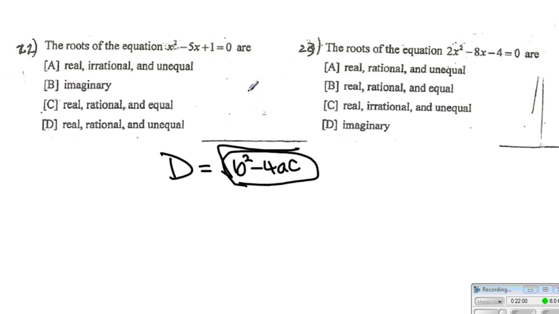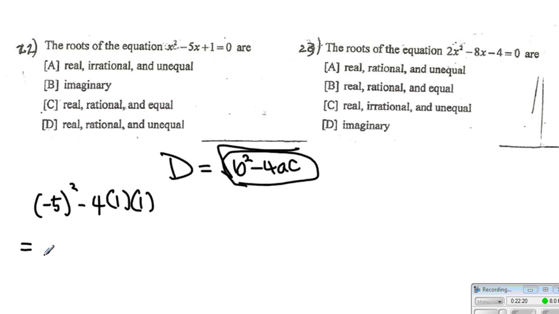Now let's try to figure out the first one here. B is the -5, so -5 squared minus 4 times A, which is 1, C also 1.